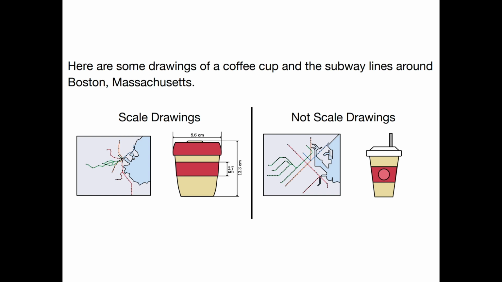So what you may have seen is that scale drawings are more detailed and precise. Sometimes even we have labeled measurements like the 13.2 centimeters, but there are none here, right? Scale drawings represent what's actually in the world, so actual distances.